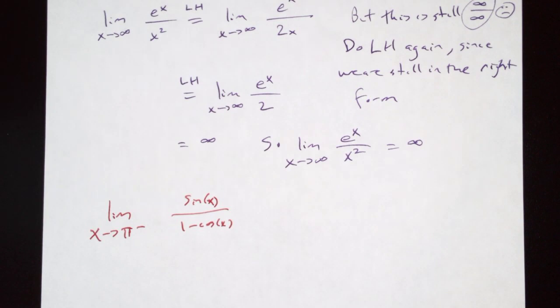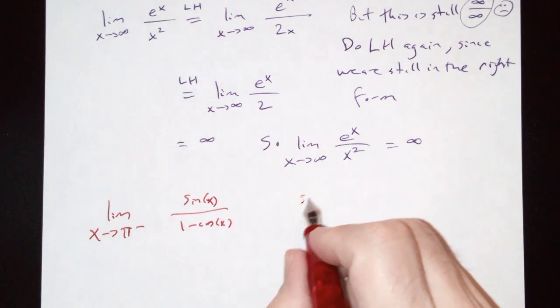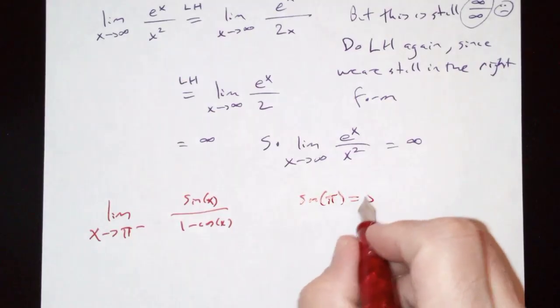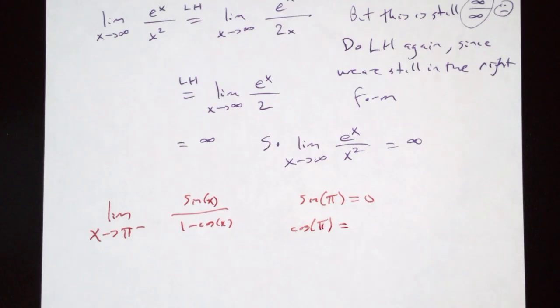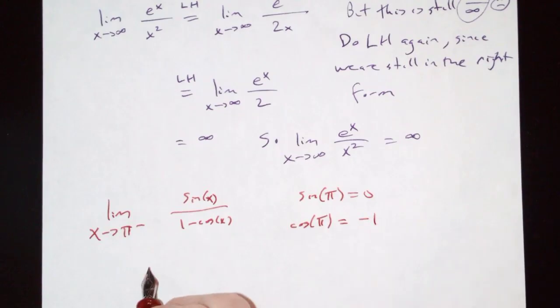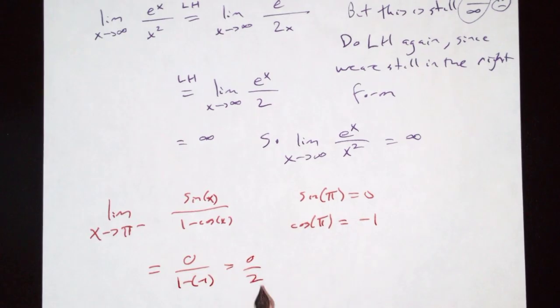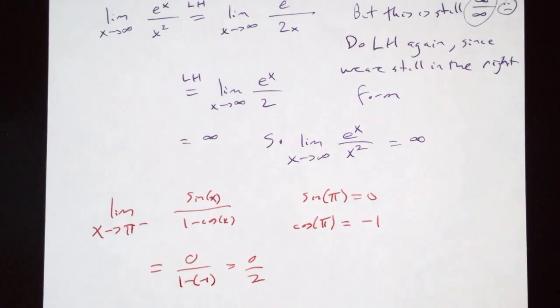Ooh, be careful here. If I just plug in, I agree with you that sine of pi is 0. But what's cosine of pi? Cosine of pi is -1. So when I plug in, I get 0 over 1 minus -1. I get 0 over 2, not 0 over 0.